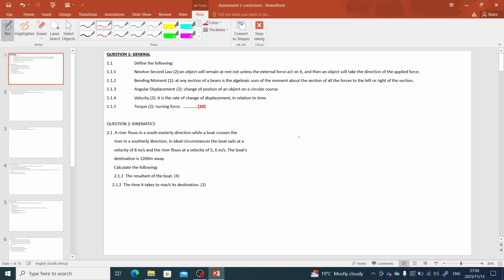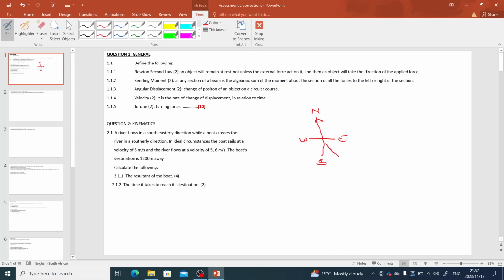If it is the southeasterly direction, that means it's going from the fourth quadrant to the second quadrant. That is the first thing that you were supposed to do: convert the given statement into the vector diagram. This is north, this is east, south, west. Now, a river flows in a southeasterly direction.